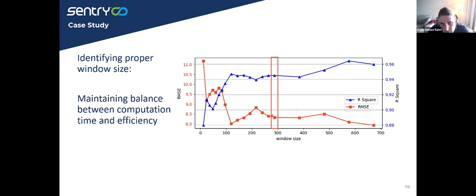As a result, the optimum window size will be the lowest window size with a stable performance, a higher R-square and a lower RMSE. Here we chose 288 data points at 15-minute intervals, which translates to 2.5 days. So we are using 2.5 days of the most recent data to predict the current timestamp.